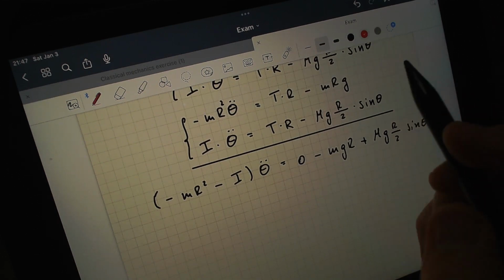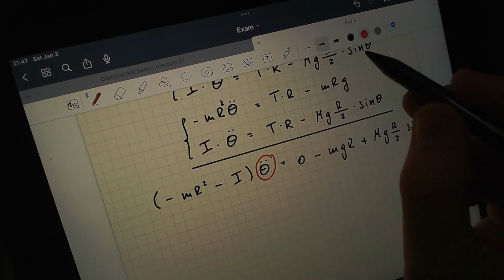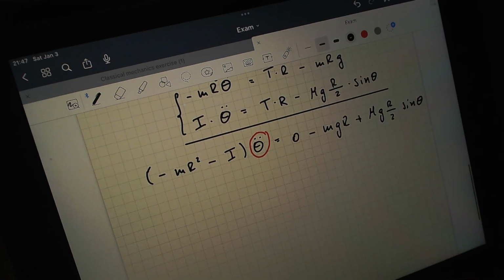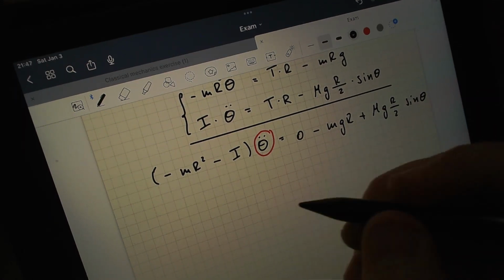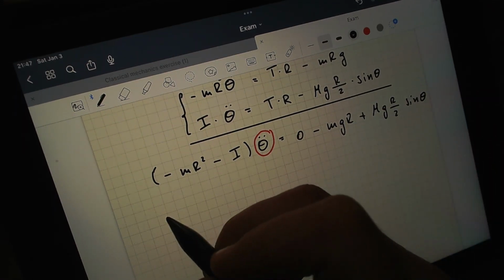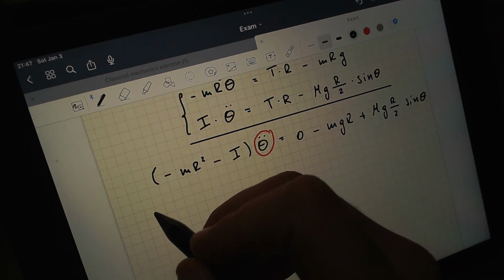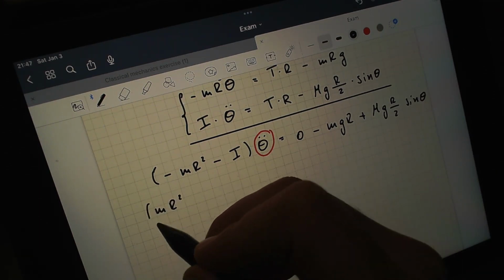Okay, so we basically have to find the angular acceleration, so let's move on. We can change the sign, so we get this.